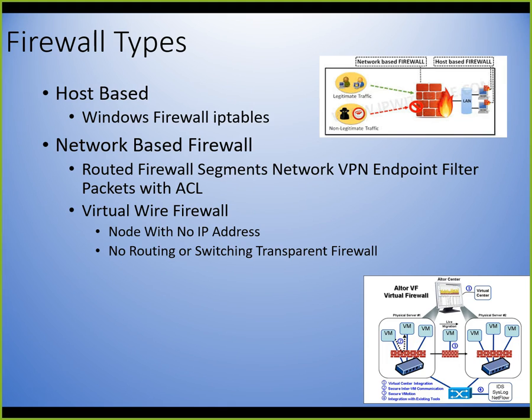So we have host-based firewalls, Windows Firewall and iptables in Linux, and network-based firewalls. The network-based routed firewall segments the network, handles VPN endpoints, and filters packets with the access control list. A router with an access control list is a basic firewall.